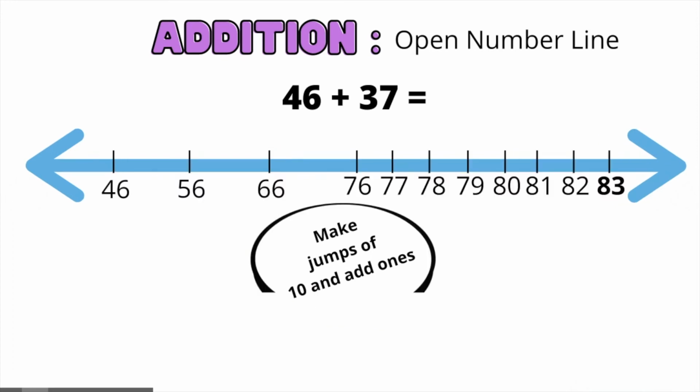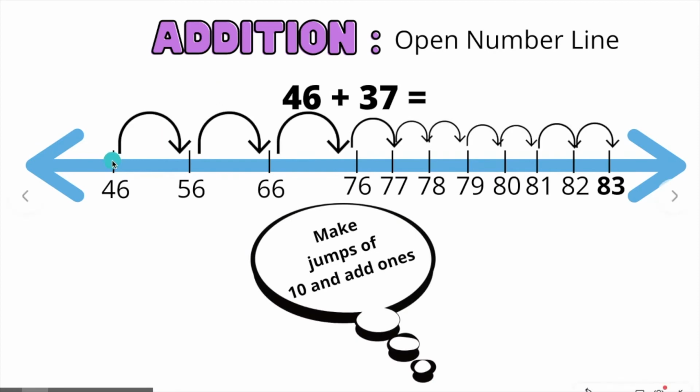So if you want to jump of 10, you have to see, okay, I have my 1 10, 2 10s, 3 10s. After this, you can't really jump by 10s. That's why we're adding the 1s. So we're going to jump until we get to our answer. So let's go ahead and do the problem by jumping 46 plus 37.